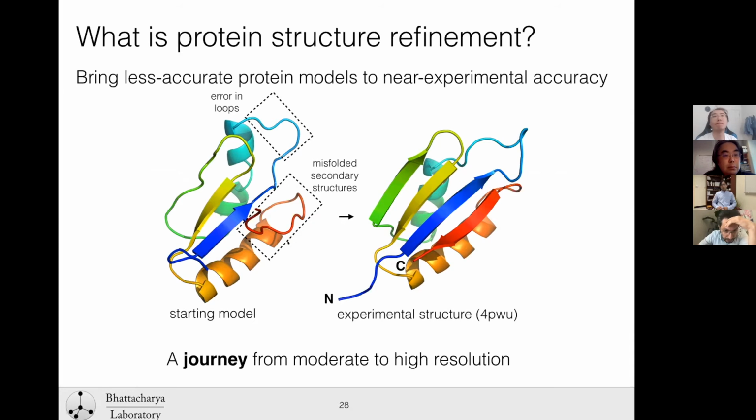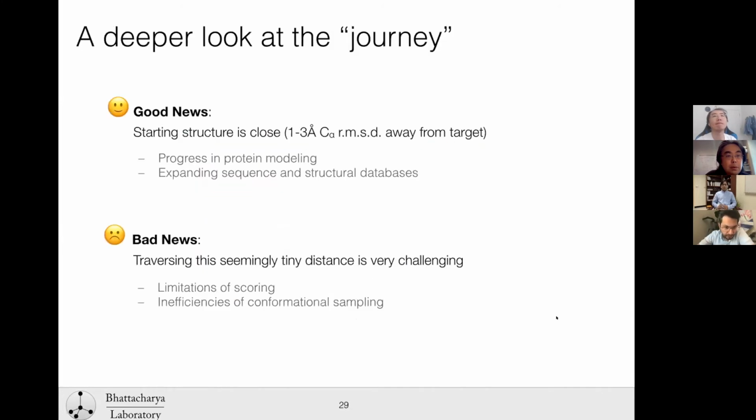And our goal is to go from the roughly accurate model to a very detailed, high resolution experimental quality model, where all the errors in the loops or misfolded secondary structures get corrected. So structure refinement, therefore, is a journey from moderate to high resolution. Now, there is some good news and bad news in this journey. The good news is the starting structures tend to be really close to the target.